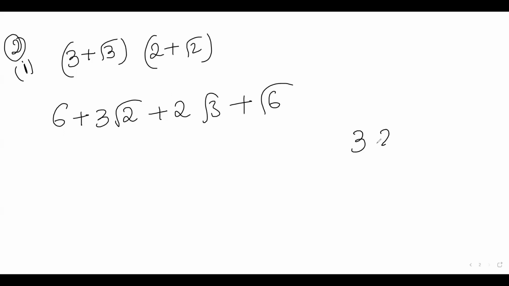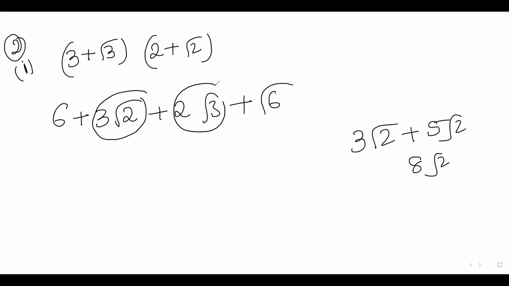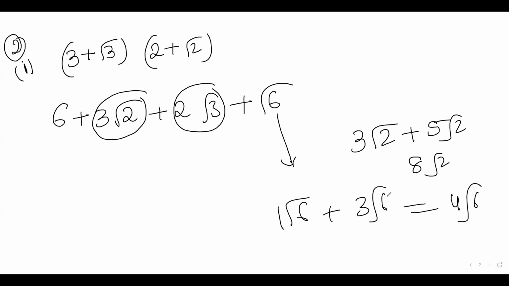See here, if it is like 3 root 2 plus 5 root 2, you can add. You can write 8 root 2. But here, these are different, so we can't simplify. For example, this is root 6. If you have one more root 6, you can add 1 root 6 plus 3 root 6, 4 root 6.